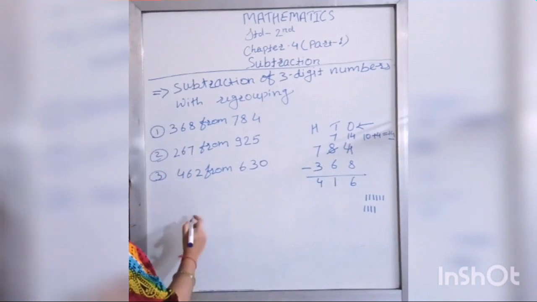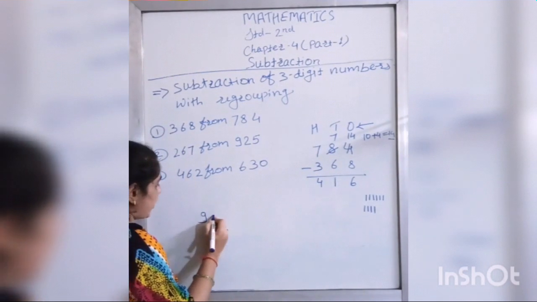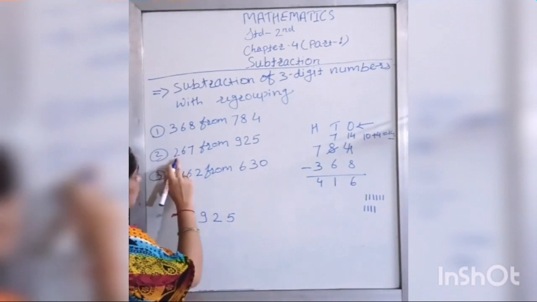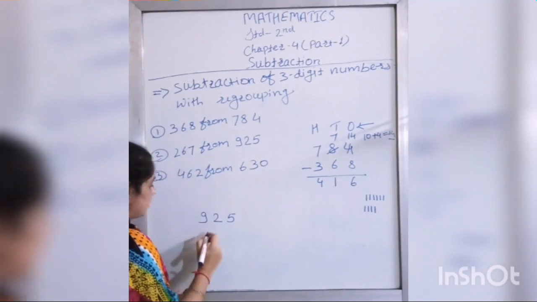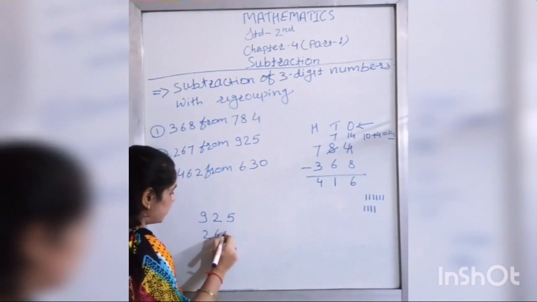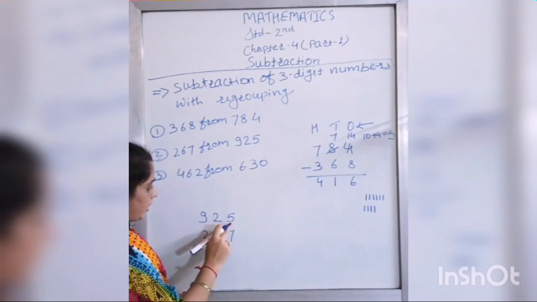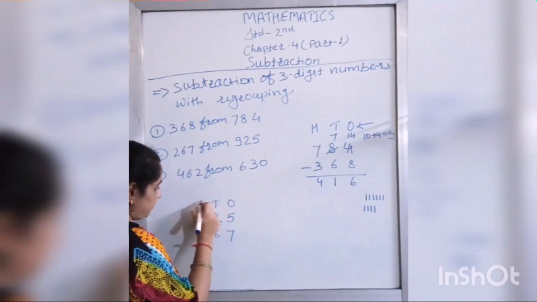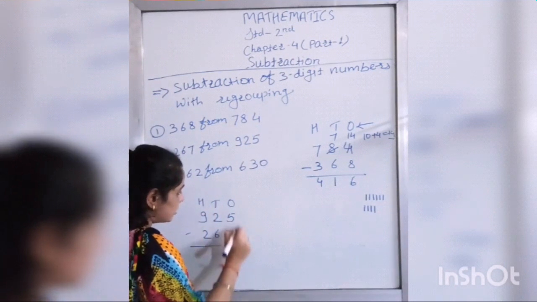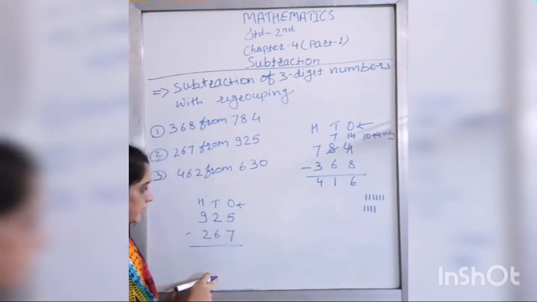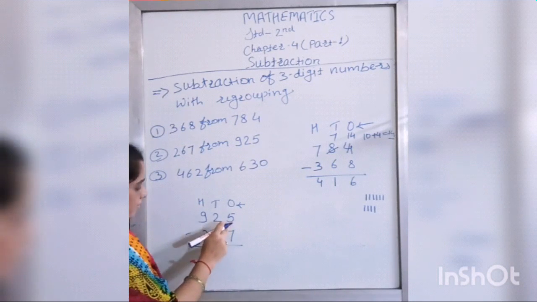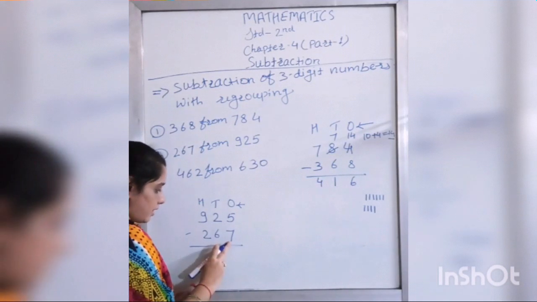See the next example. We have to subtract 267 from 925. Start subtraction from the ones place. What are the numbers? 5 minus 7.